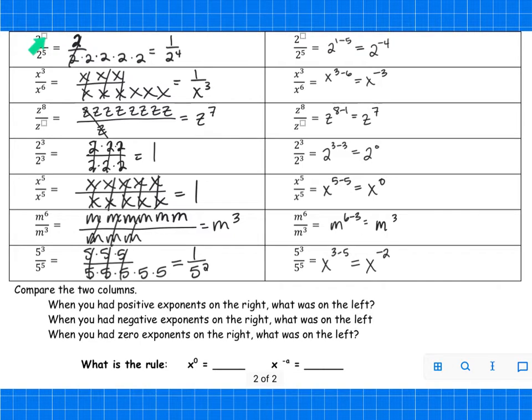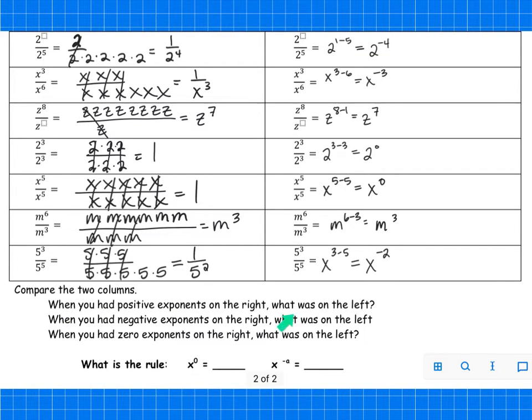Because there's no exponent, it would be 2 to the 1st. So 2 to the 1st over 2 to the 5th, I had 2 over 2 times 2 times 2 times 2 times 2, which ended up leaving me, after I divided out one pair of the 2's, 1 over 2 to the 4th. And then on the right side, I used my quotient rule and subtracted 1 minus 5 to get 2 to the negative 4th. Here I did 3 minus 6 to get x to the negative 3rd.